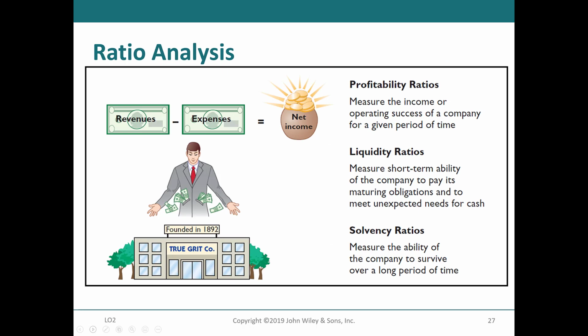Now, what are the ratio analyses that we can do? We have the profitability ratios. This measures the income or operating success of a business for a given period of time. Okay, so we have the profitability ratio. We also have liquidity ratio, which measures the short-term ability of the company to pay its maturing obligations and to meet unexpected needs for cash.